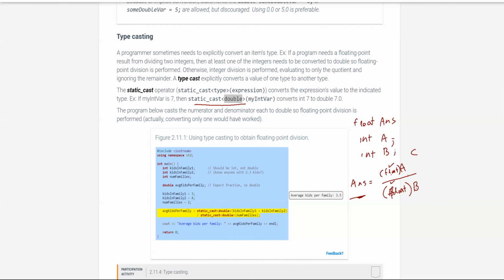But here it is more meaningful if you write typecast and then the type here, okay? The example of this is right here. So this is calculating an average of something, but these values are integers. You can see it is an integer and an integer, right?